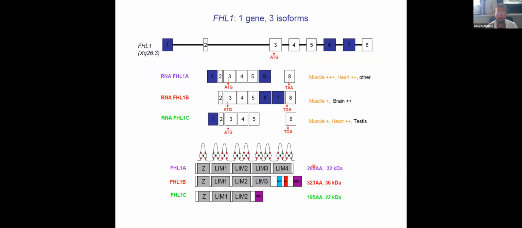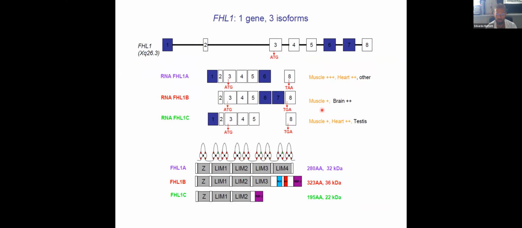The FHL1 protein is encoded by this gene, FHL1, located on chromosome X, where the RNA causes the production of three different isoforms that are variably expressed in different tissues, including the muscle and the heart, specifically for the A and the C isoform.